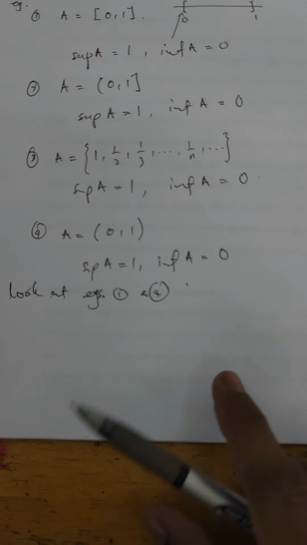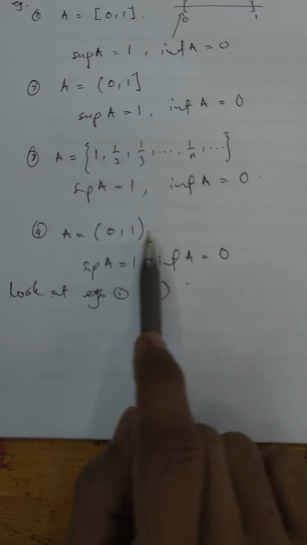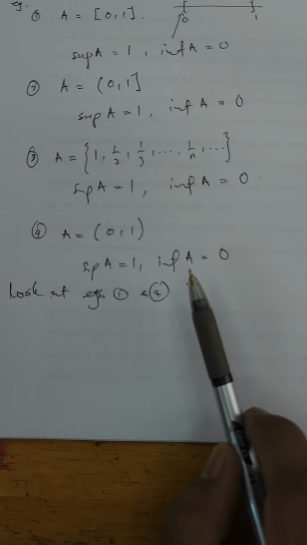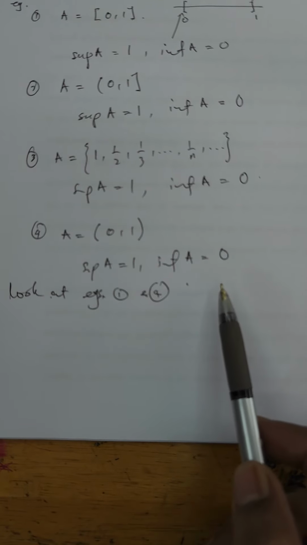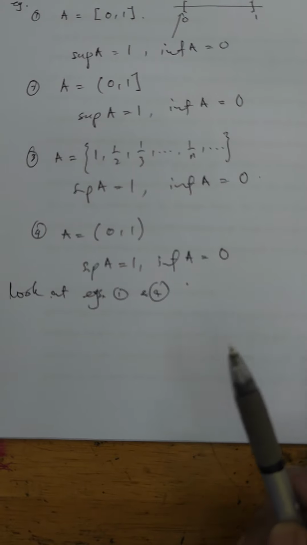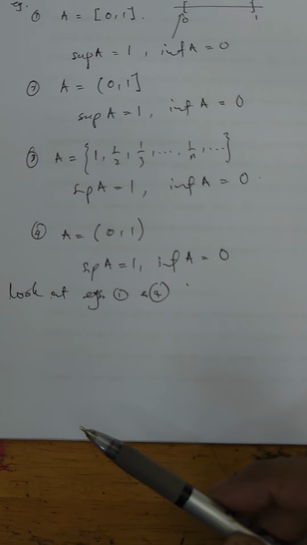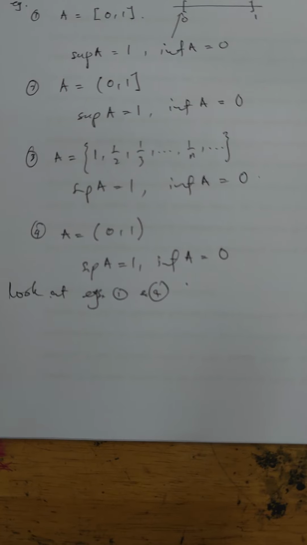Whereas in example 4, the supremum of A, which is 1, is not in the set because this is an open set, so 1 is not in A. And the infimum of A, which is 0, is also not in A. So the supremum and infimum of A lie outside the set A, as compared to the first example where they lie inside the set A. In other words, the supremum of A and infimum of A are not necessarily contained in the set A itself.